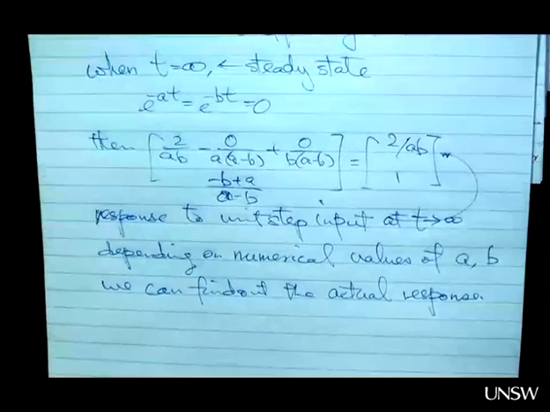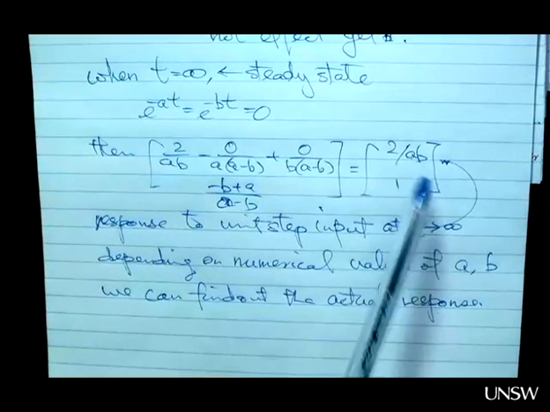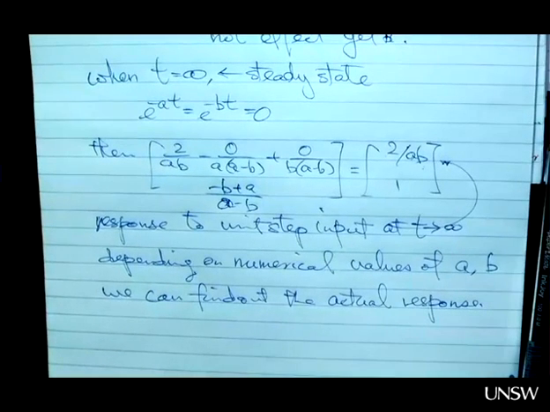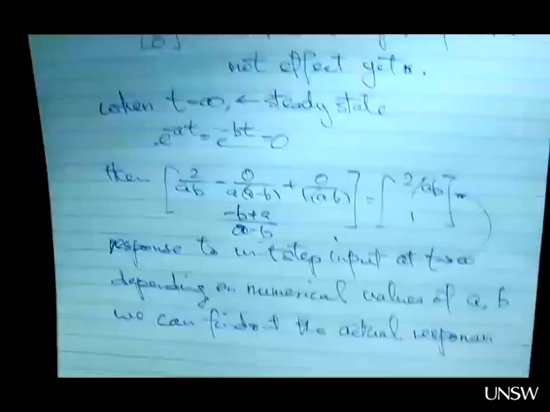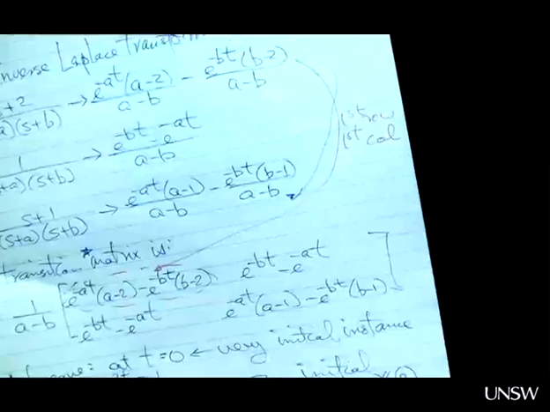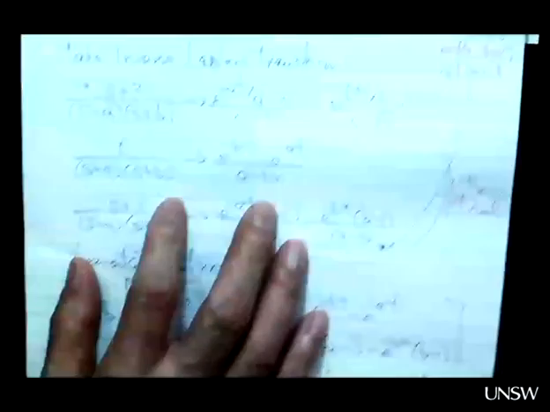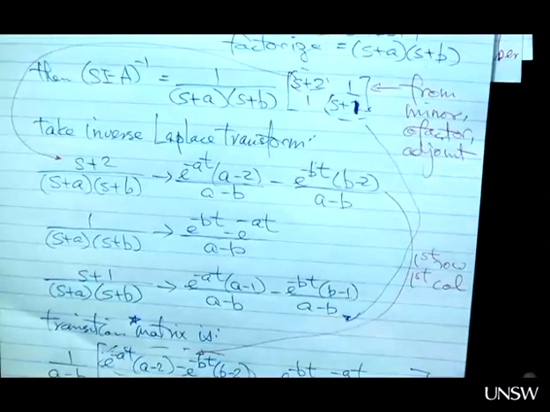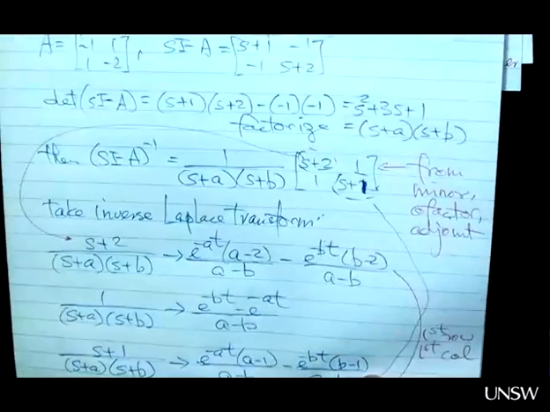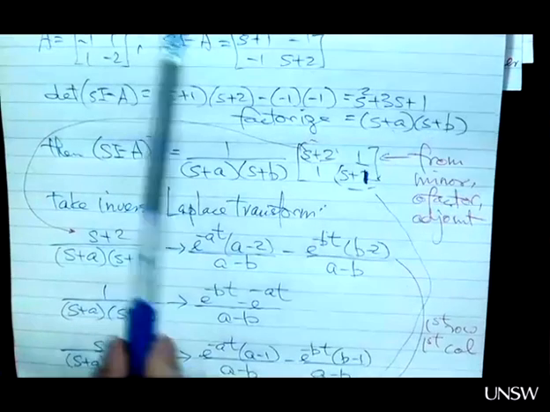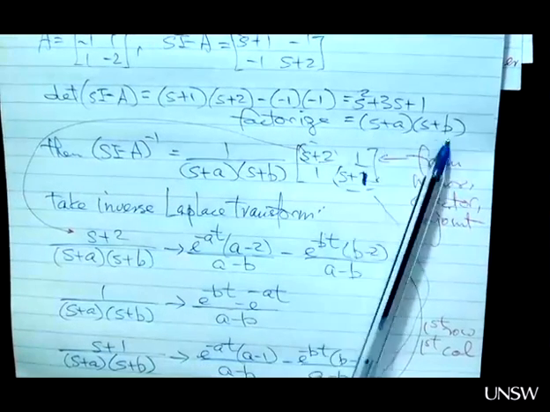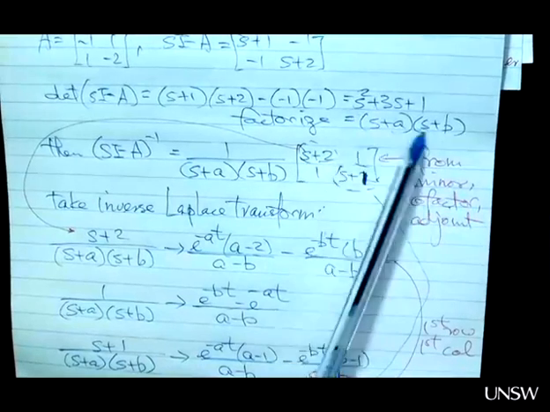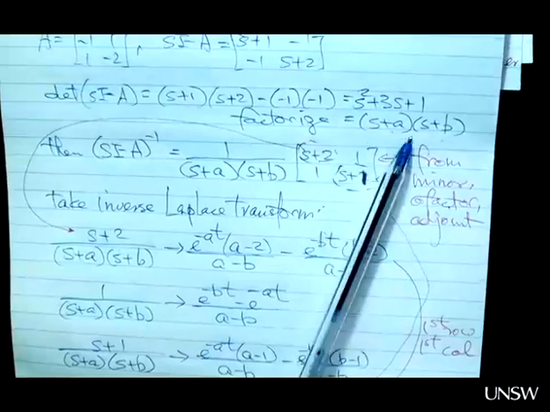Okay, then we call what is A and B. From our water tank example, we factorize the determinant into factors s plus a and s plus b. Right.